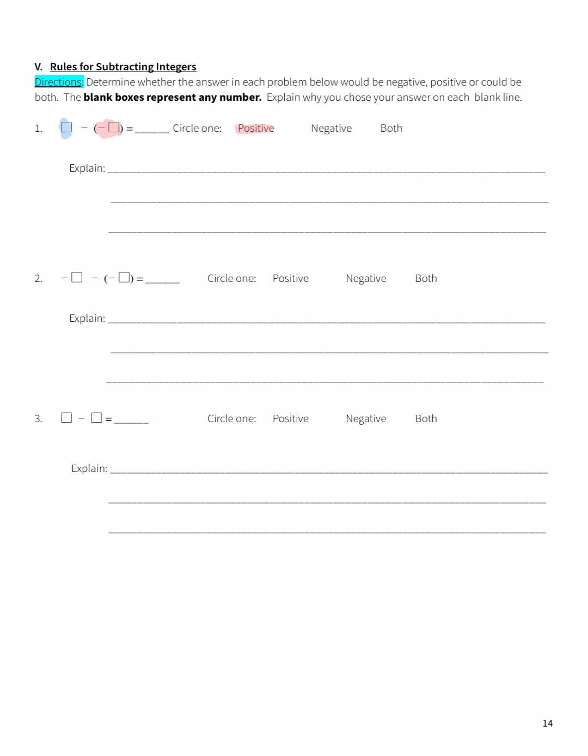And why is it positive? Well, because when we subtract, we add the opposite. Think about it. We have our positive number, and now we add the opposite. And what's the opposite of a negative number?